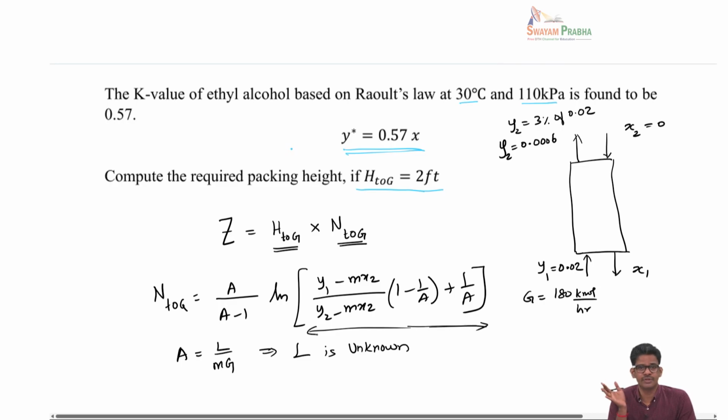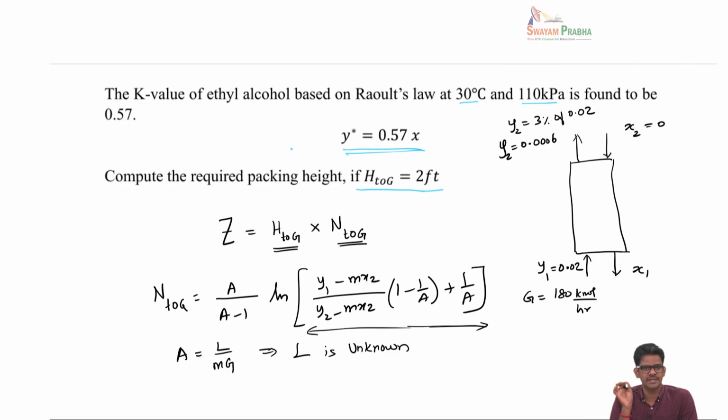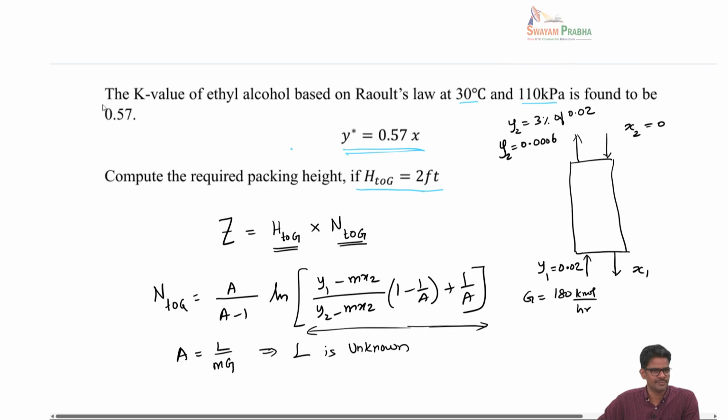Y1 we know, Y2 we know, m we know, X2 also we know. So that means the only thing that we don't know is A, because we don't know the liquid flow rate. Okay, and this is one of the ill-posed problems, right? L is not known. So the height of the column that you will calculate will depend on what L you are going to choose. So how do we go about from here?